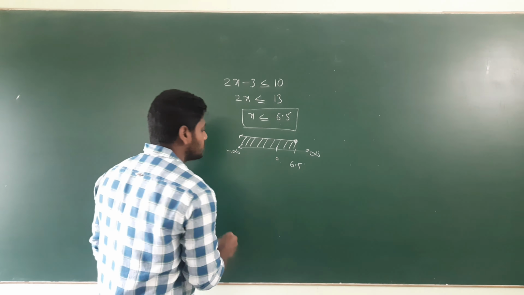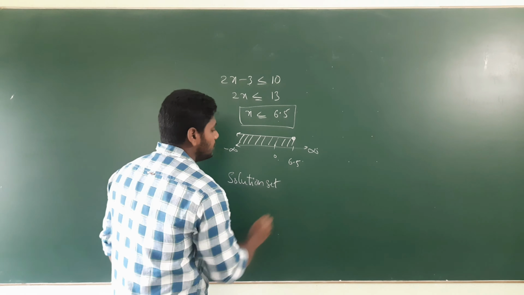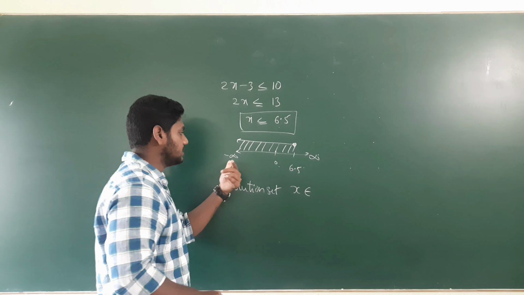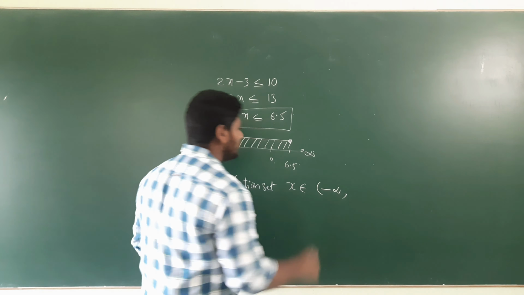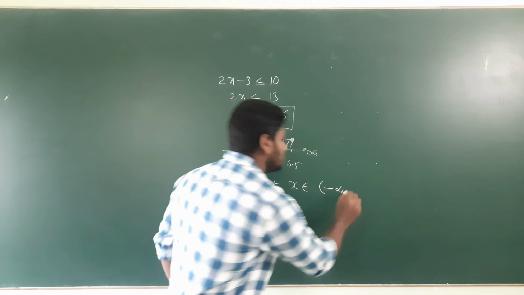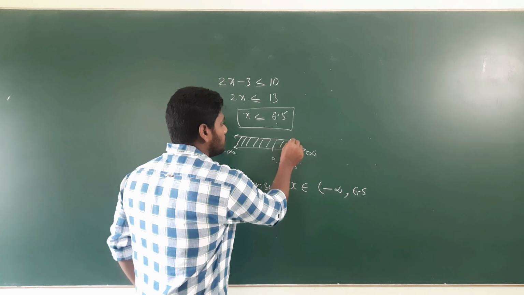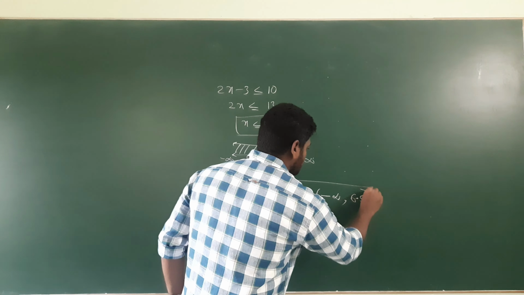When written in terms of x belongs to, the left side is minus infinity, so open bracket, up to 6.5. At 6.5, open or close bracket? Close bracket. Why? Because it is the equal symbol. So this is the solution set.